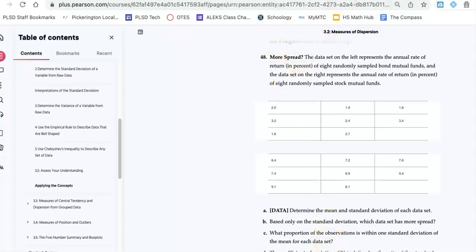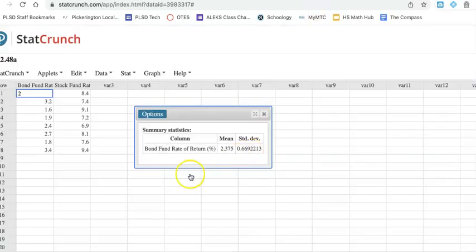I'm going to walk through how to do it for the first one, and then you'll need to do the other. So within one standard deviation of the mean. So for the bonds, the mean is 2.38, and my standard deviation is 0.67 approximately.